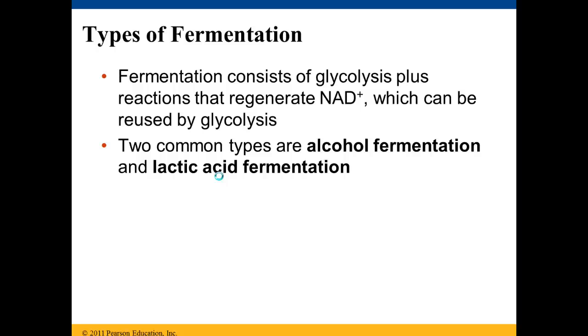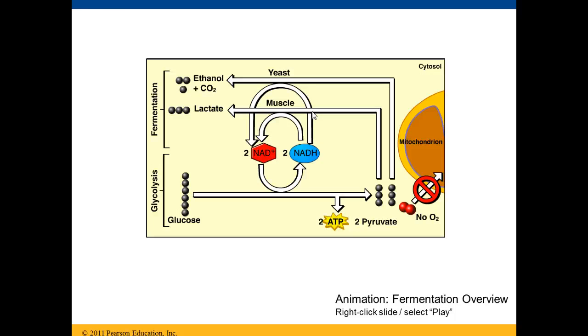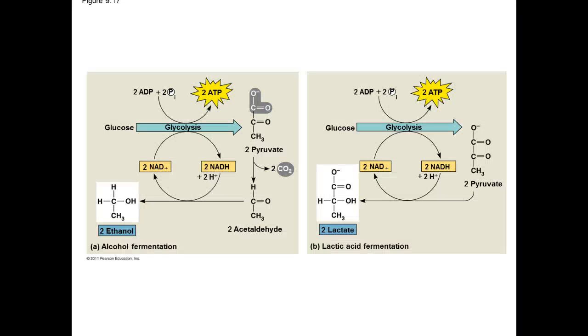In order to continue to do glycolysis, NAD+ has to be regenerated to start the process. There are some great pictures right here, which are the ones I wanted to show you. Glycolysis will keep going as long as you have more NAD+ to make more NADH.